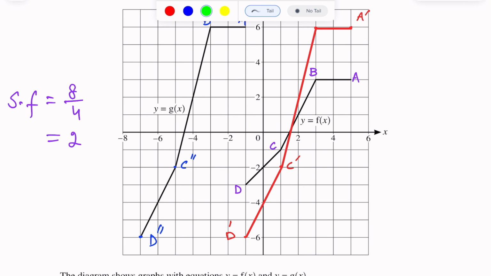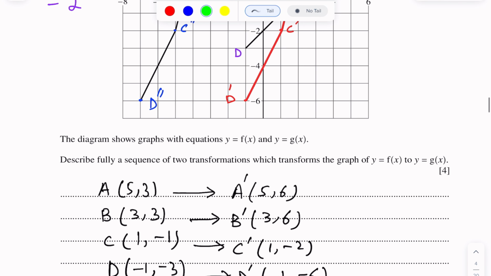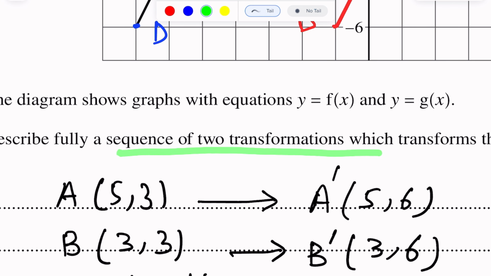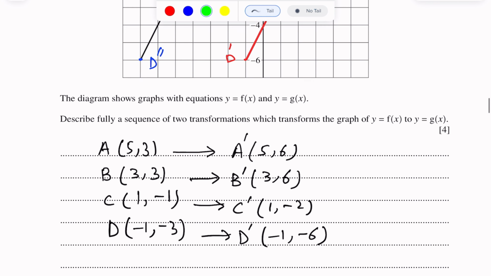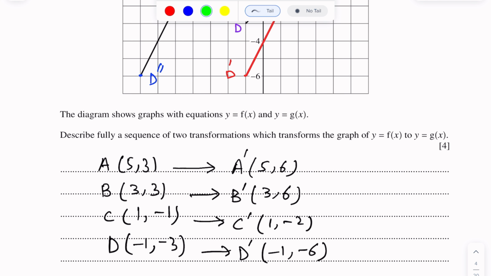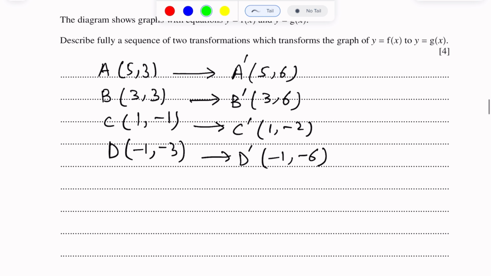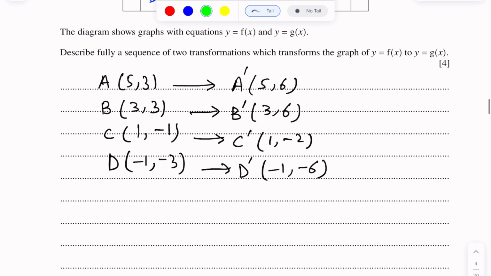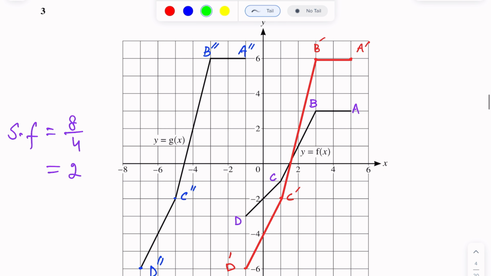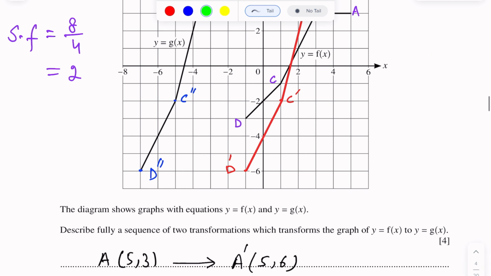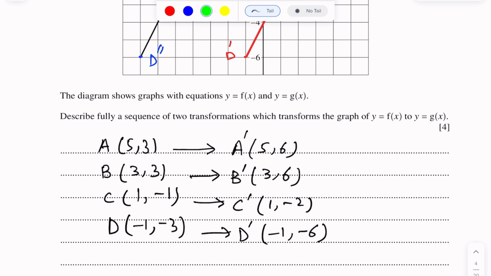Now the sequence of two transformations will be: first a stretch along y-axis, then a horizontal translation 6 units to the left. So these are the two transformations.